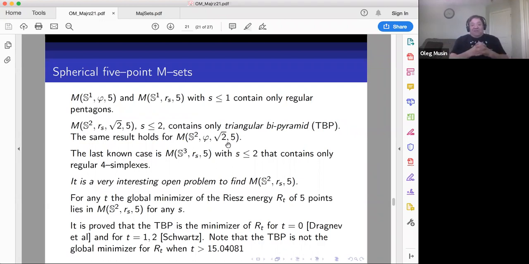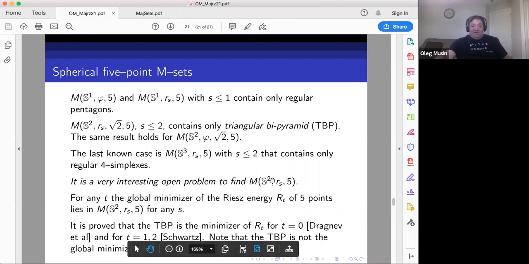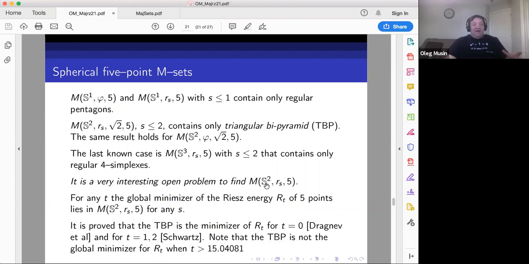Actually, you know what happened? I was motivated by this case to find some solution for positive s. I tried to find this set. I had a conjecture that it would be a 2-parametric family, like 2 intervals of orthogonal intervals, right?